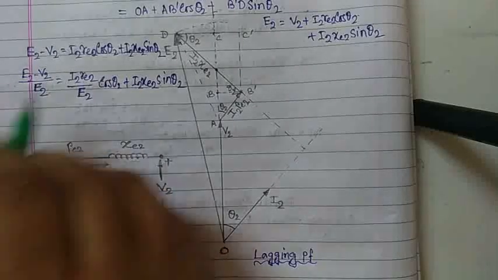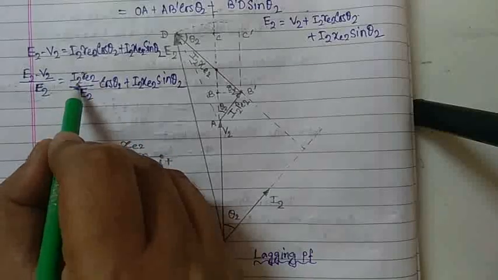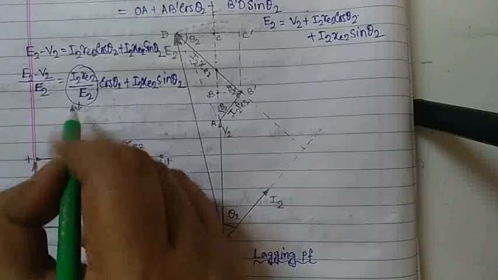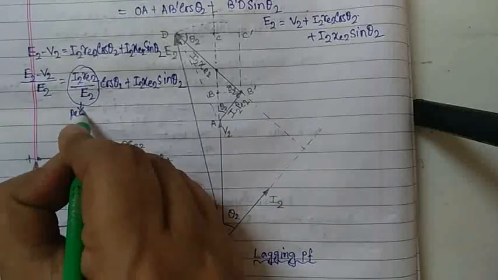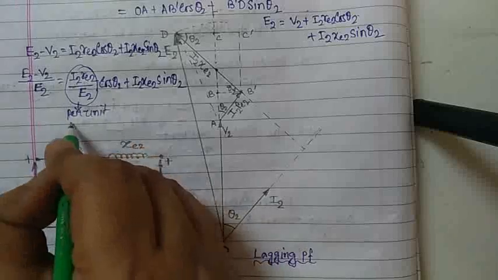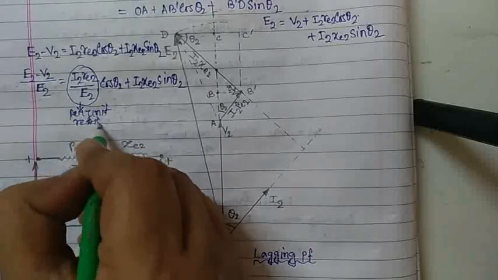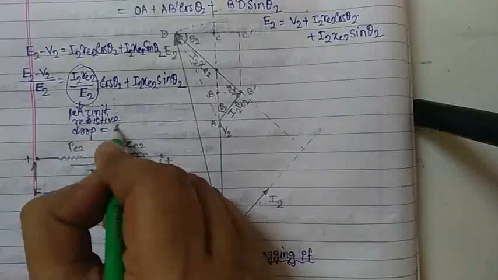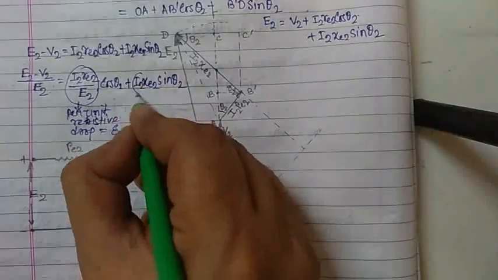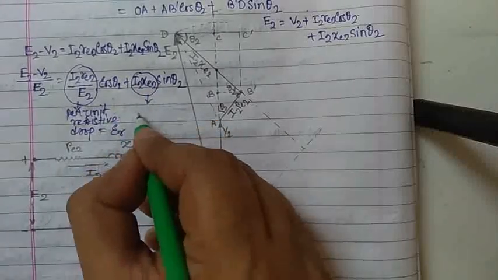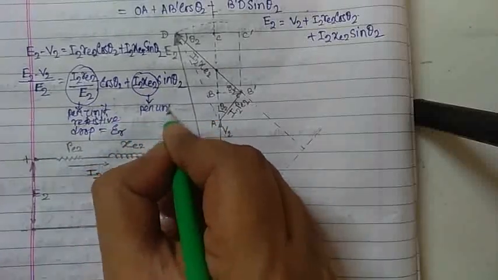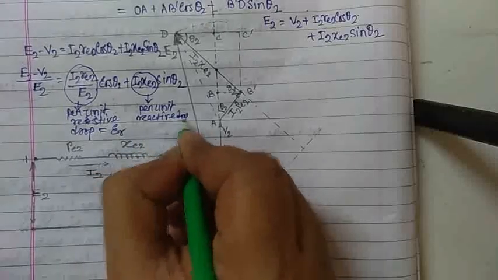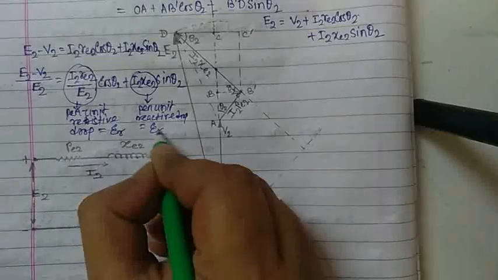Here I2 RE2 by E2 is the per unit resistive drop, written as epsilon R, and I2 XE2 by E2 is the per unit reactive drop, written as epsilon X.